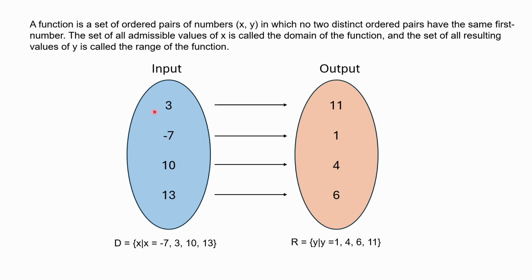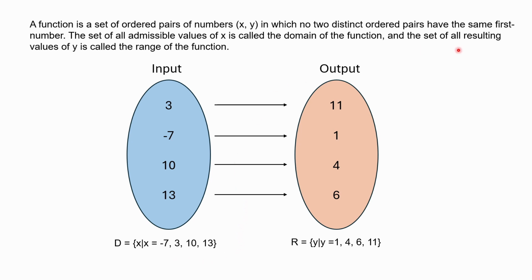For example, we have an input of 3, -7, 10, and 13. So all admissible values or all possible values of x are just -7, 3, 10, 13. We can write it as D or domain is equal to {x such that x is equal to -7, 3, 10, 13}. It's best if we write it in ascending form so it can be proper.